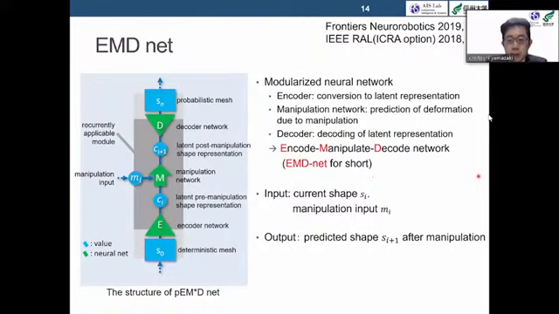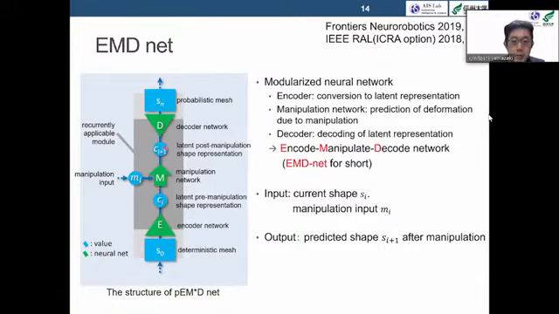The method we proposed is EMDNet. This is a modularized neural network, encode, manipulate, decode network. This neural network consists of 3 parts. The encoder here compresses the shape data, and the manipulation network predicts the deformation caused by the manipulation.